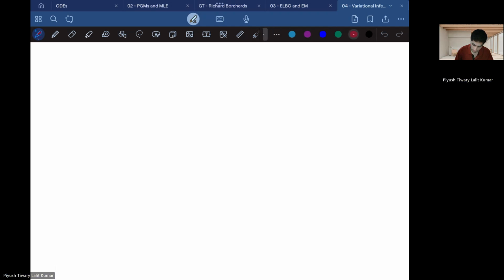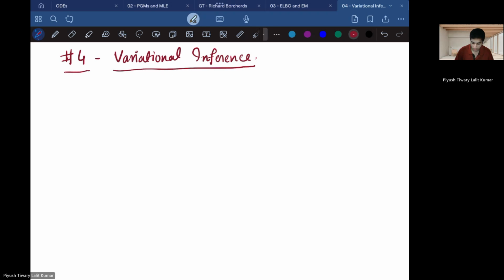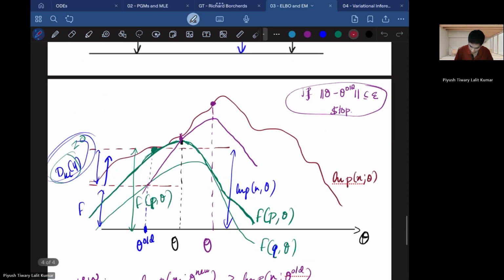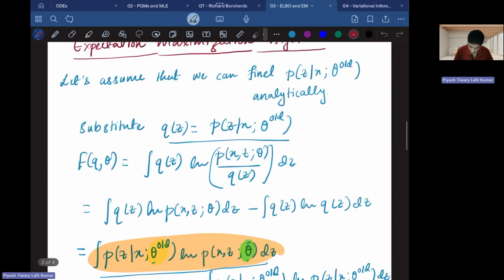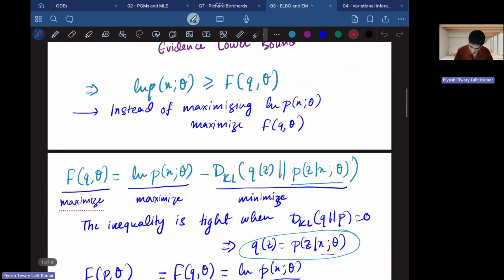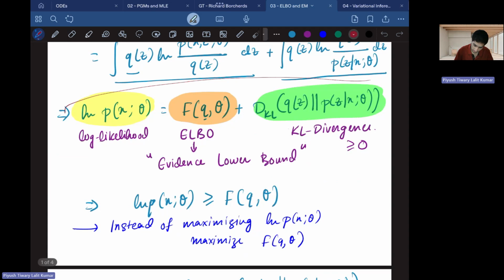So this is number four, variational inference. Again, from the previous lecture, let's write down what log p(x) was. Log p(x) was this thing.